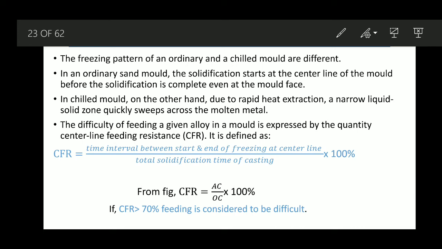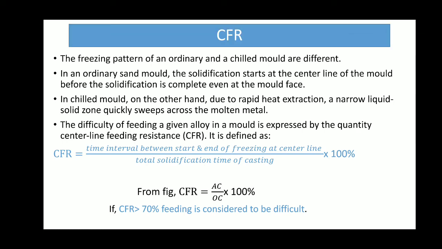And if the feeding itself is not good, then there will definitely be some positions where there will not be any liquid metal. It will not fill that position, and if it has not filled that position, there is no question of getting solidification there and getting the proper shape.